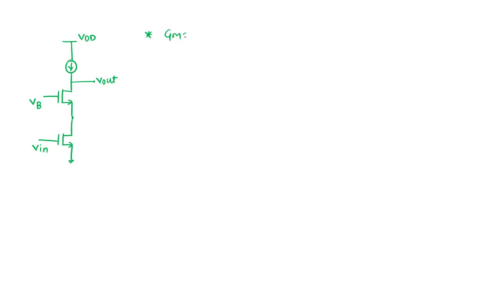First thing is the GM calculation. For the short circuit transconductance calculation, we'll short the DC voltages, because we want to see the change. The transconductance is nothing but the change in output current observed for the change in input voltage, so it is an incremental value.